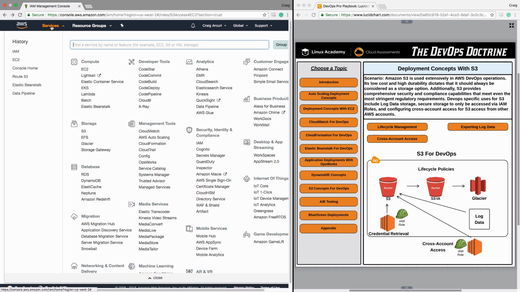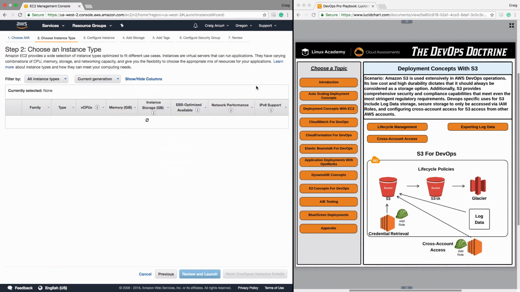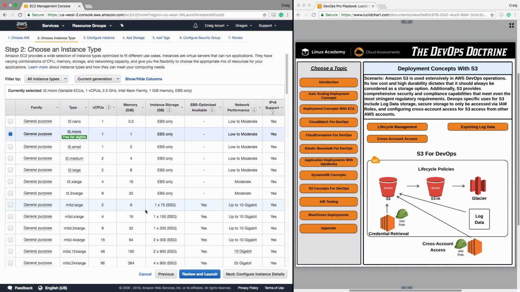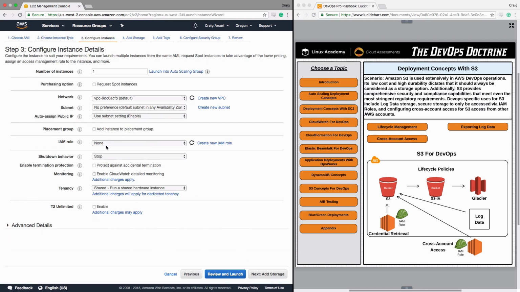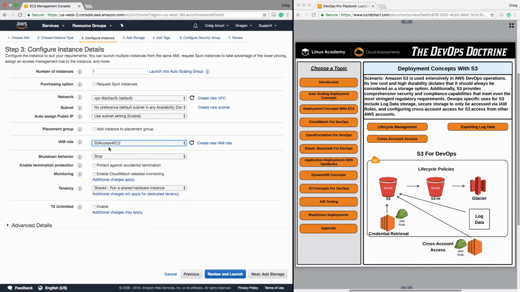The next step would be, let's go to EC2 and launch an instance. And we'll just go Linux AMI, T2 micro, configure instance details. Here's the key. IAM role. We're going to attach our S3 access for EC2.